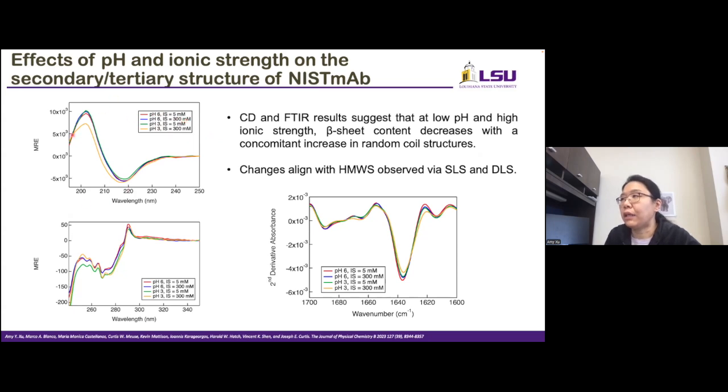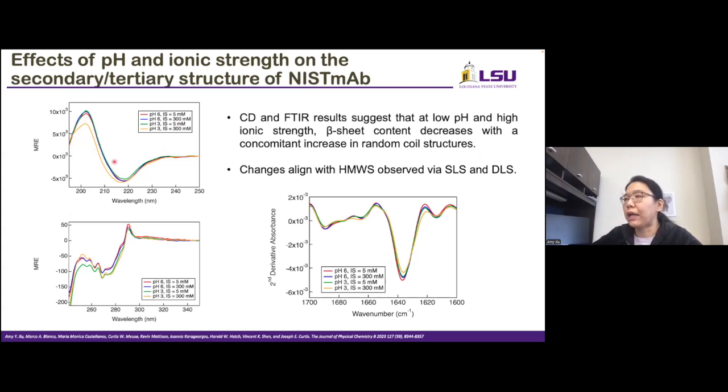Looking at the far UV and near UV CD spectra, as well as the FTIR spectra, we can see that the shapes of these spectra look very similar to each other across different conditions, suggesting that the antibodies themselves don't have a very significant structure change. It's not like the protein is partially unfolded or completely unfolded.